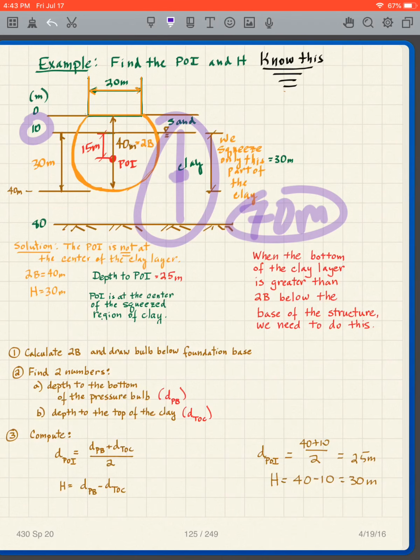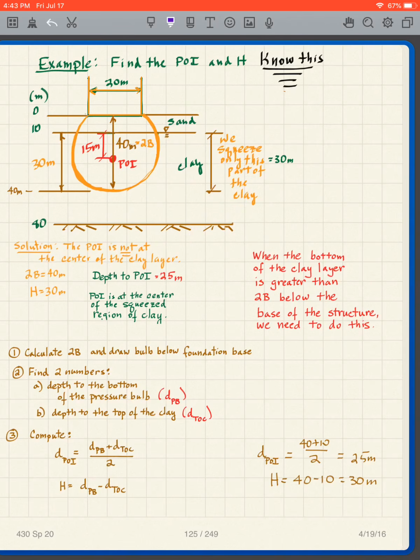So I add 35 and 10, and that becomes a depth of 45 meters. My point of interest is not at a depth of 45 meters. It is here, because, why again? Because this is the region that is actually stressed, and that's the region that will compress.